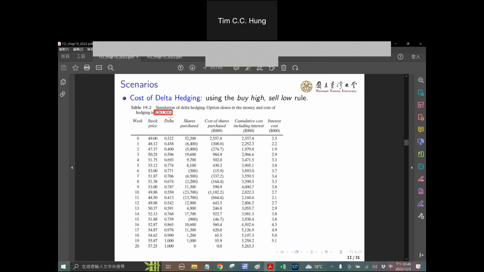To be more precise, the difference between this approach and a hypothetically perfect delta hedging is that we only rebalance our portfolio once a week, right? It is not possible for people to do delta hedging at any instant.